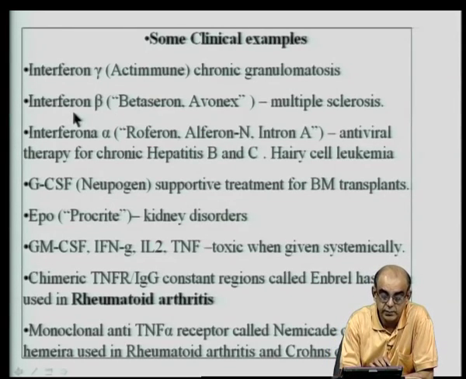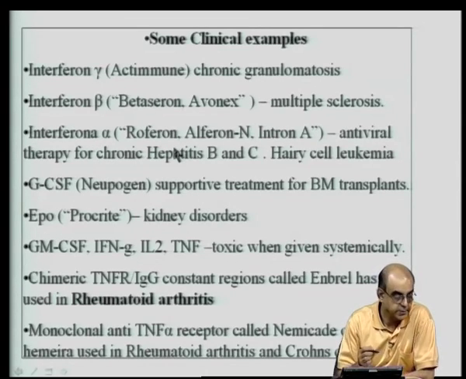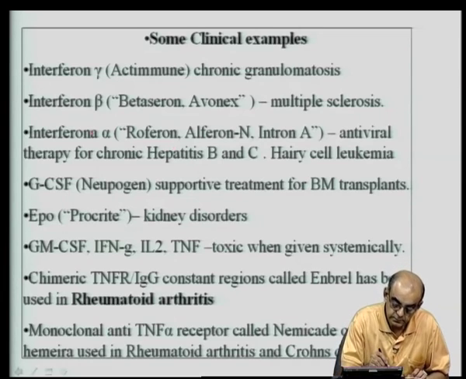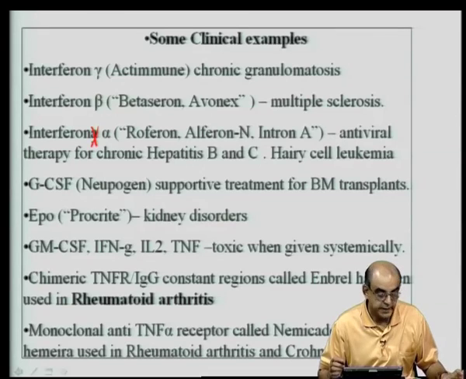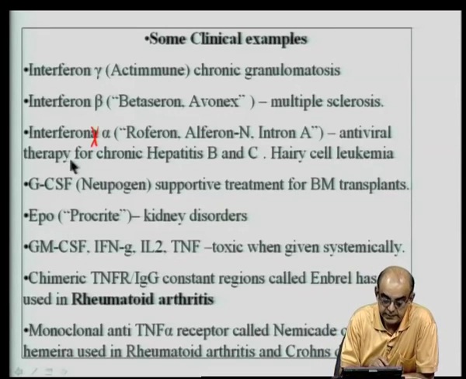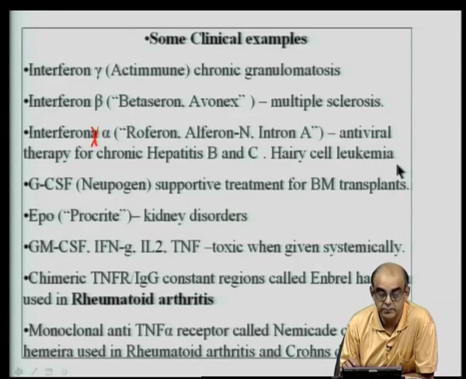And you have interferon beta, which is called Betaseron or Avonex, which has been tried in multiple sclerosis. Interferon alpha has been tried in antiviral therapy for chronic hepatitis B and C as well as in hairy cell leukemia, and the products are called Roferon, Alferon or Intron.